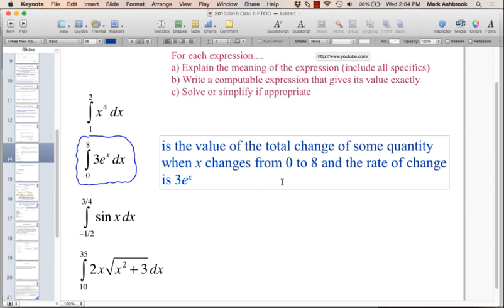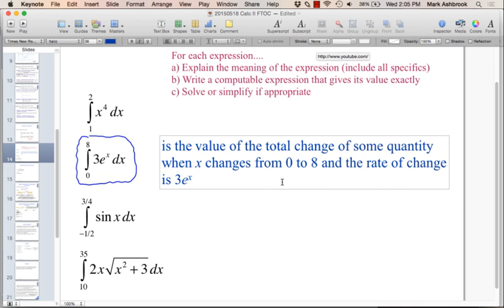So this is the value of the total change of some quantity when x changes from 0 to 8, and the rate of change is 3e^x, or with a rate of change of 3e^x. Okay, and we can use the fundamental theorem to figure out what that value is, right? So this expression just kind of represents that. How does that expression represent that value? So like what process is that expression showing to represent that value?